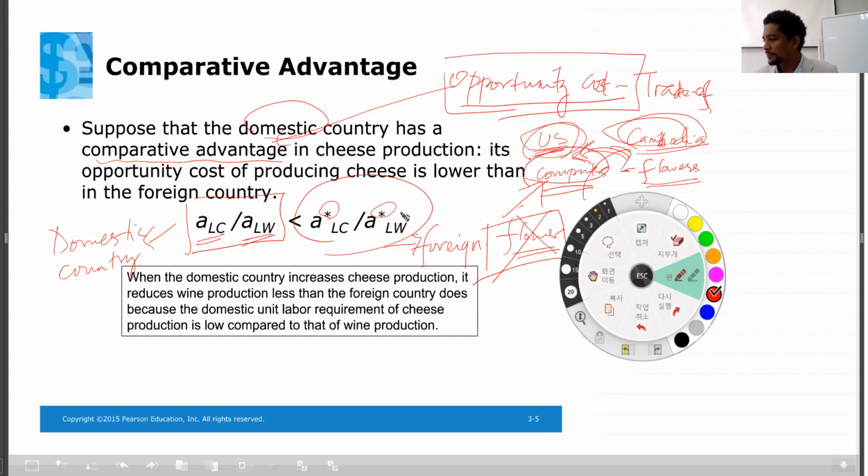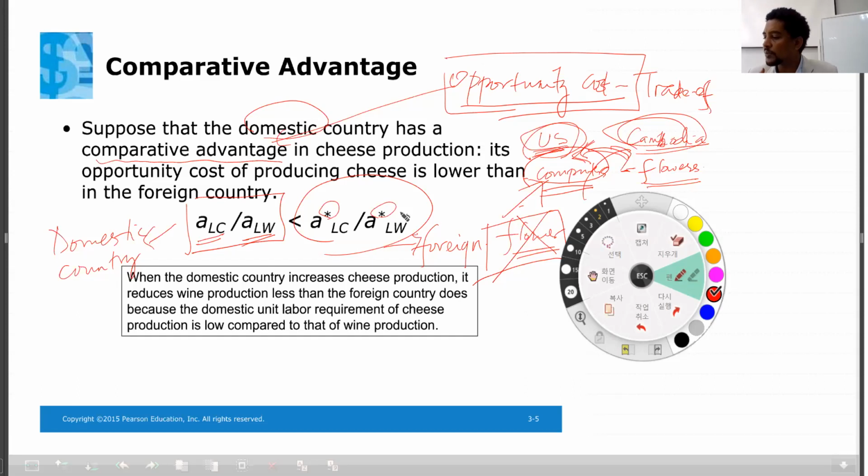Okay, so I will give you an example on this later on. Okay, so in a country, what matters is what quantity of cheese or wine you are trying to produce. Okay, so since the domestic country has a lower opportunity cost than the foreign country in producing cheese, they produce more cheese and less wine.